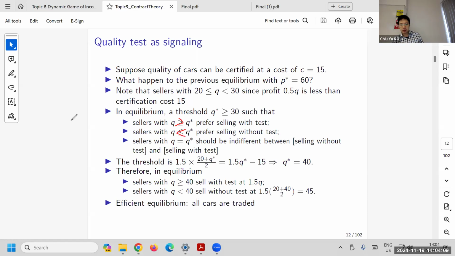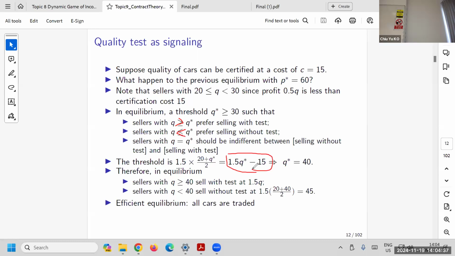If I know my quality, by spending $15, I get 1.5 Q star minus 15 if I certify. If I don't, that guy will be mixed with 20, the lower bound. Half of that is the average quality, because uniform times 1.5. And it turns out this Q star is 40.